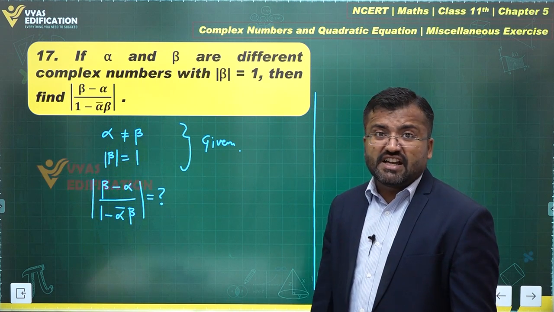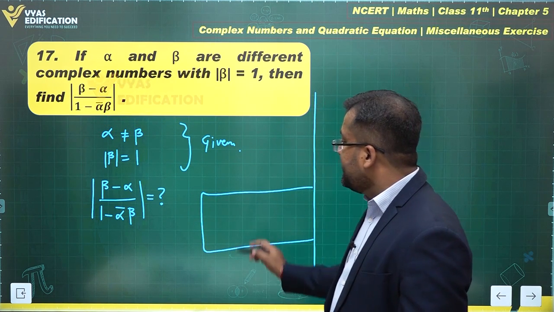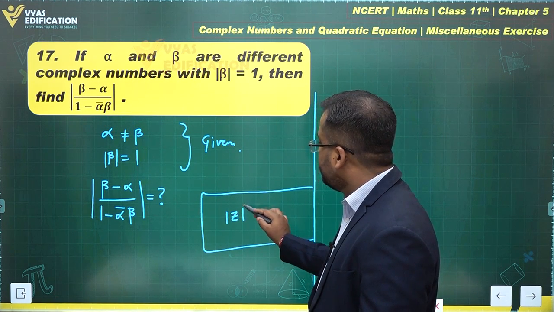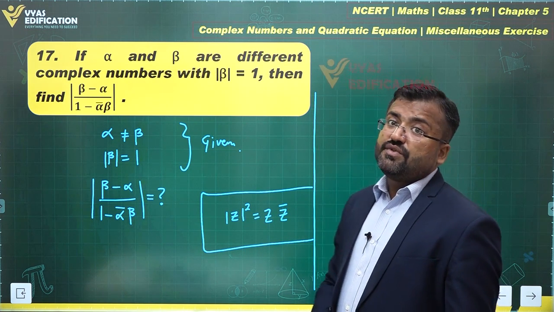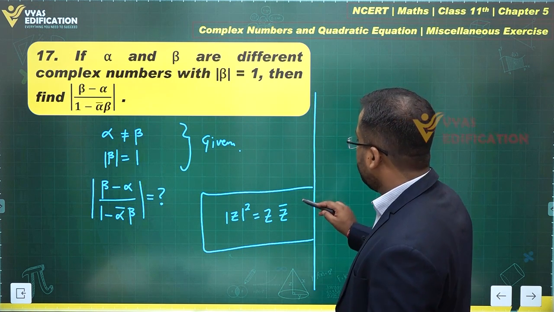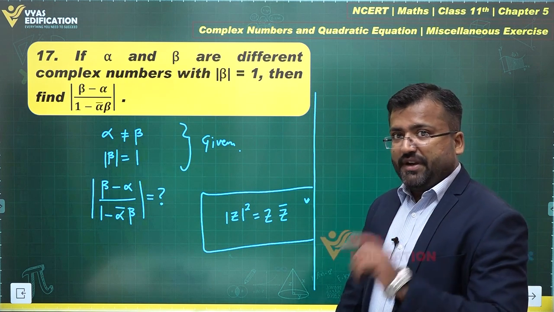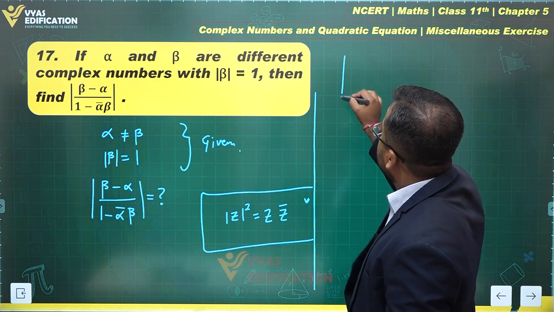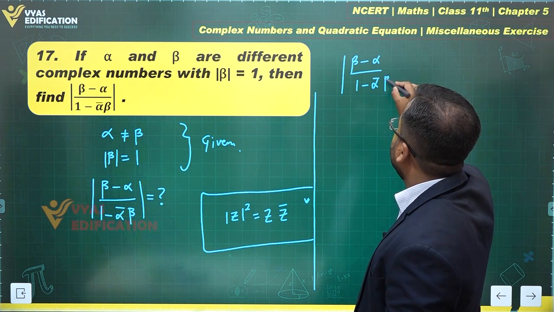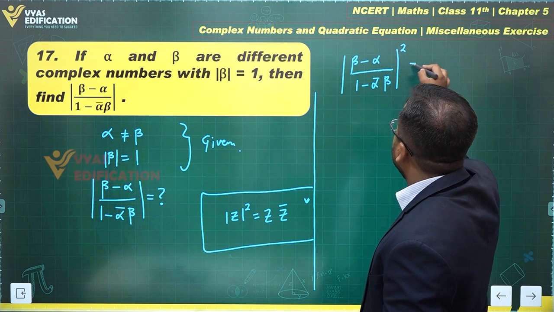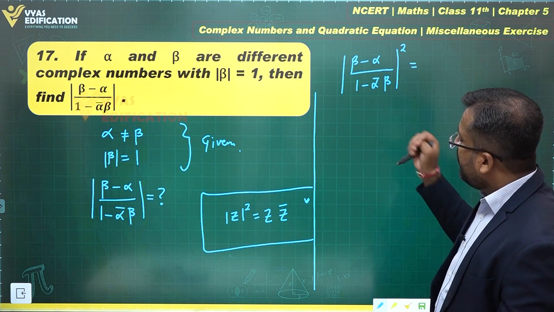Very limited properties of modulus are there, and one very important property is mod z square equals z times z bar, where we can use z and z bar. I'll use this property first. So for the modulus of beta minus alpha over 1 minus alpha bar beta, let's try to find the square of this modulus.